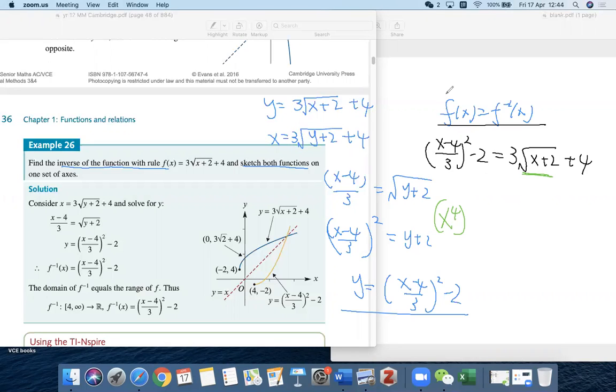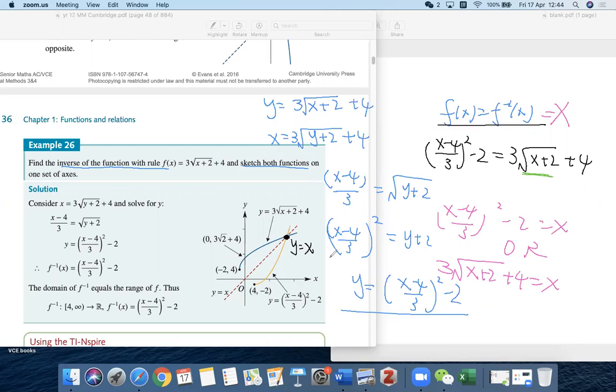That's why we need to involve another equation, this one equals x. So either you do ((x minus 4) over 3) squared minus 2 equals x, or just use 3 times the square root of (x plus 2), plus 4 equals x. Both ways are fine. And from the graph, we can clearly see that this intersection again lies on y equals x. That's why we can use this method to help us solve the problems.